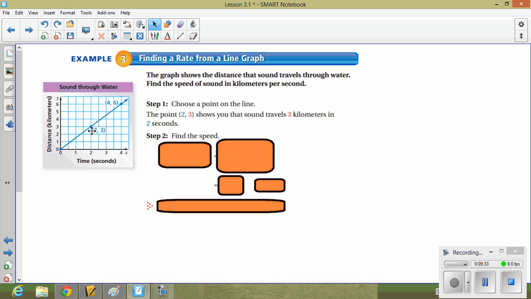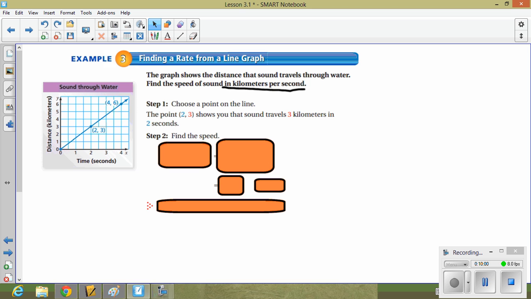So if I take a look at this point 2, 3, that means after 2 seconds I have traveled 3 kilometers. Or if I take a look at this point here, 4, 6, that means after 4 seconds I've traveled 6 kilometers. So it says here, find the speed of sound in kilometers per second. Right here, that's your instructions.